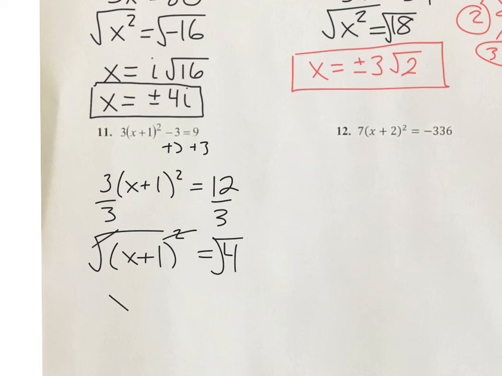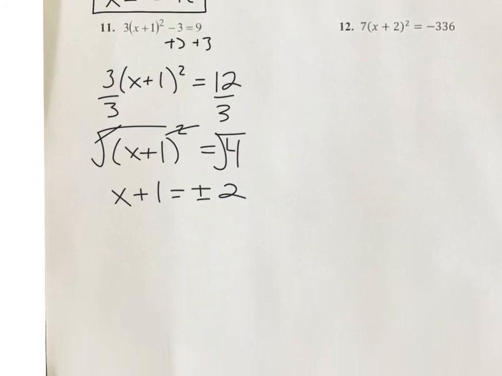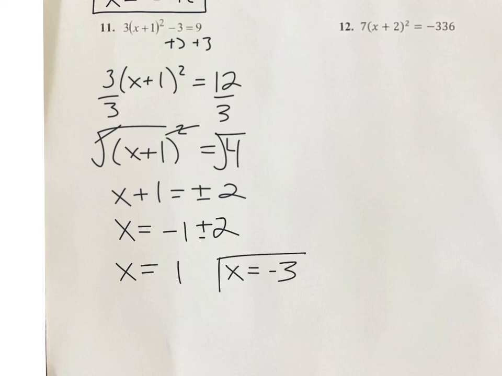And that's going to give me x plus 1 is equal to plus or minus 2. And now we subtract 1 on either side to get x by itself. And now I have x is equal to 1 and x is equal to negative 3. So now let's take a look at number 12, okay?